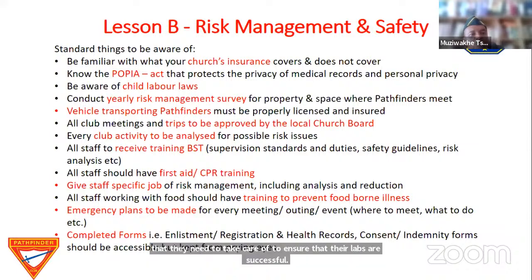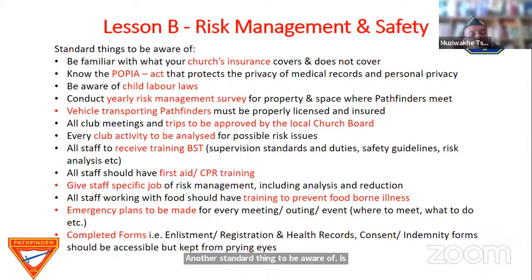Another standard thing to be aware of is that all staff members should have a first aid or a CPR training that is valid. Please, leaders, ensure that you have a valid first aid certificate or a cardiopulmonary resuscitation training certificate.